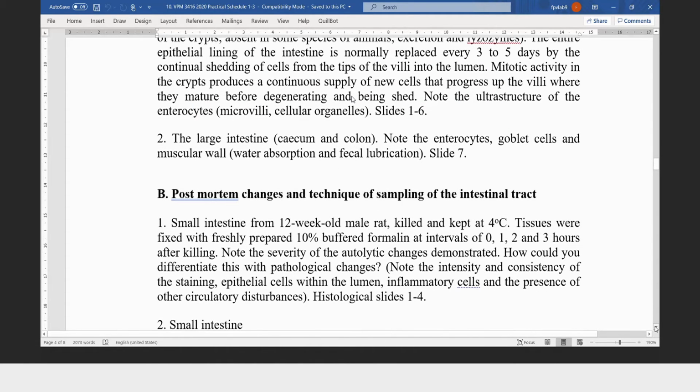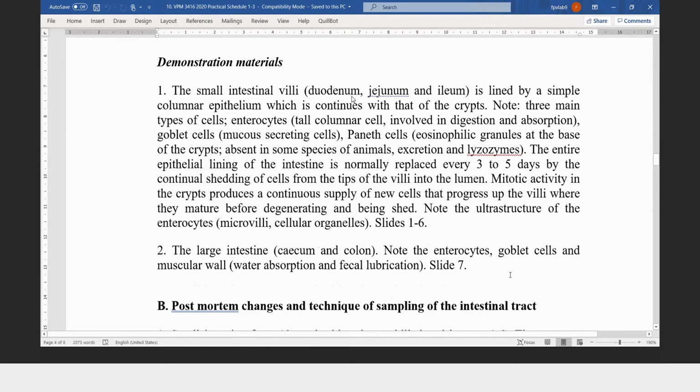But in the large intestine, you still see the enterocyte, and the number of goblet cells is increasing. And of course at the same time, in terms of the muscular wall, they are also quite thickened, the transverse and longitudinal muscle.